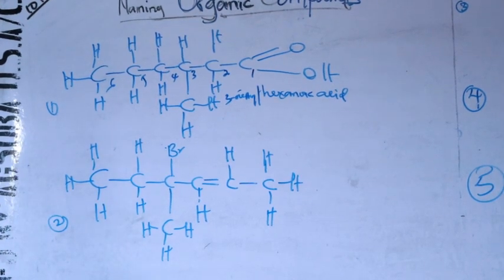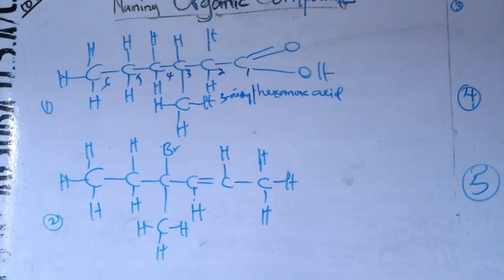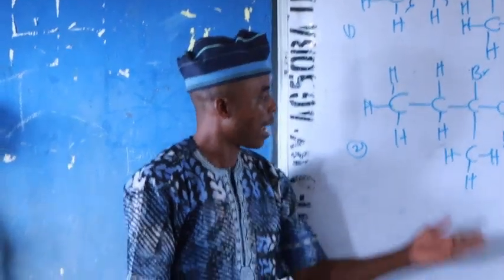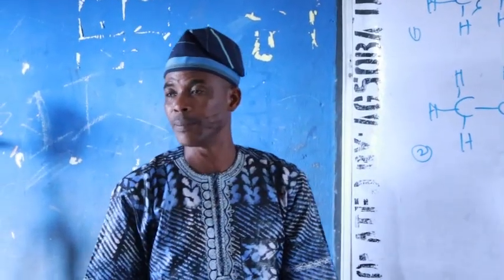The same thing is applicable to alkanals. The alkanal functional group is always at the first carbon atom. Hence, you don't need to tell us 1, as in 3-methyl-1-al. Try this. Now the second compound, what's the name?